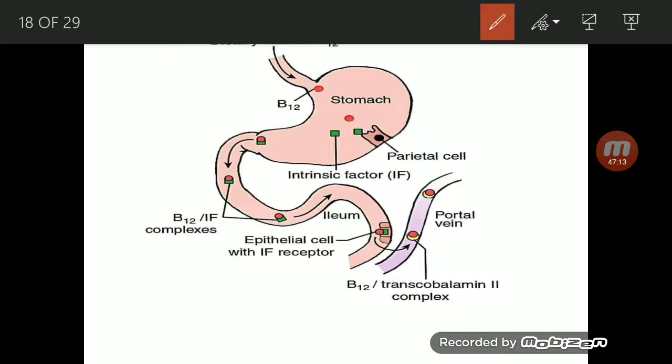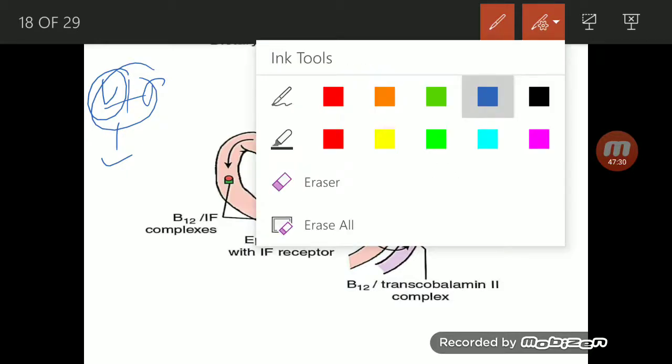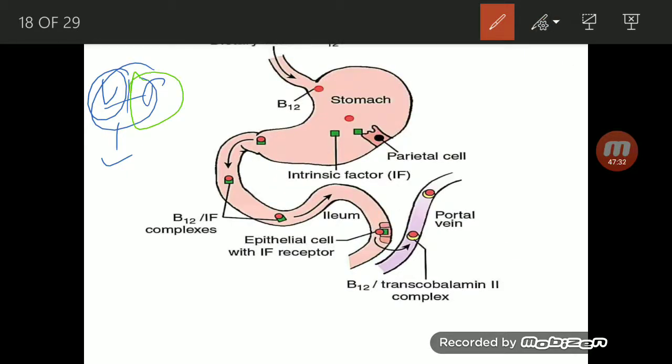I'll repeat it once again. Normally your vitamin B12 is found from animal sources. At the time of ingestion, it is already bound to your animal protein. When it enters into your stomach, it gets cleaved off, and then you get your separate vitamin B12.